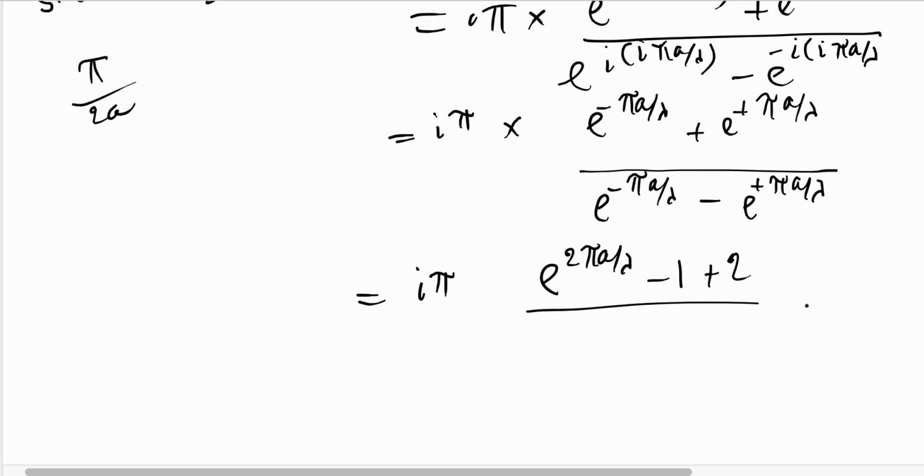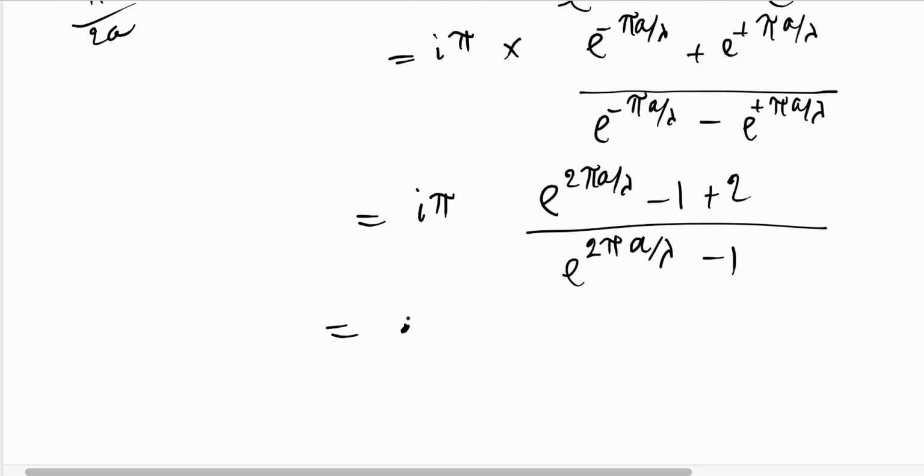You can break it into parts, and e to the power 2 pi a by lambda minus 1.